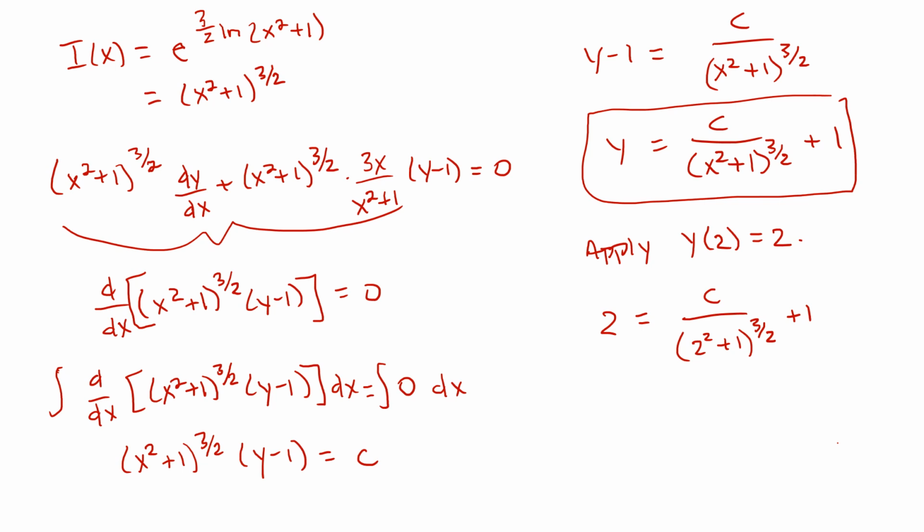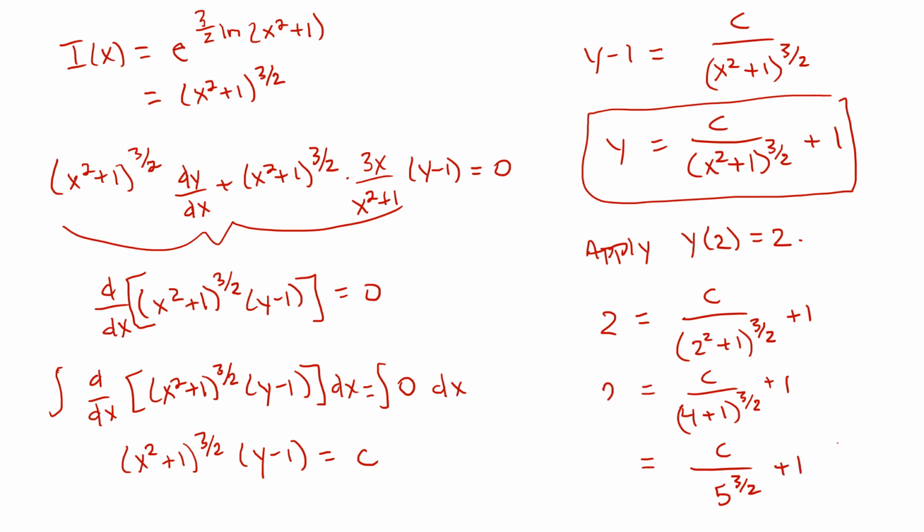Okay. So that will equal c over 4 plus 1 to the power 3/2 plus 1. So that will be c over 5 to the 3/2 plus 1.